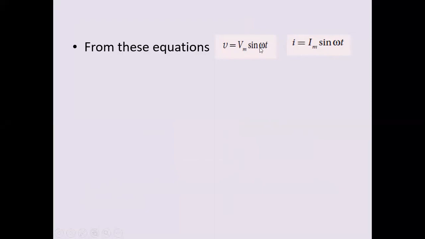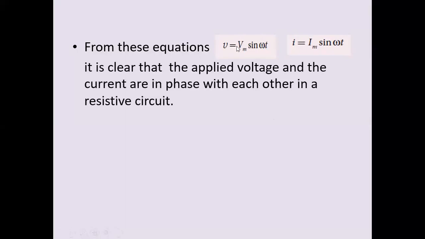Now you can see the phase angle. Here also omega t is the phase angle. Here also omega t is the phase angle. So there is no change in the phase angle. So what we can say about the phase relationship? The applied voltage and the current are in phase with each other.